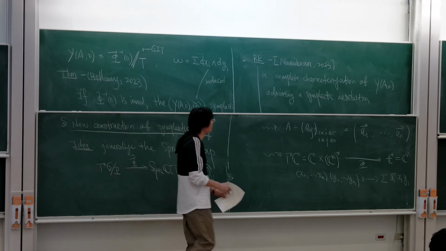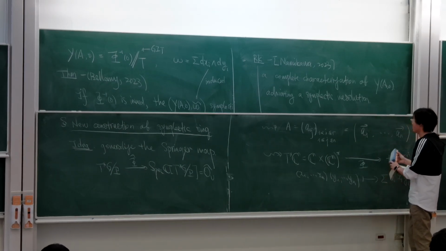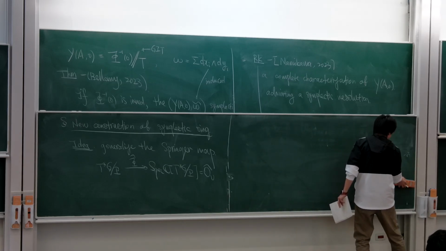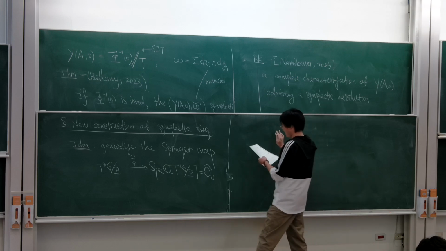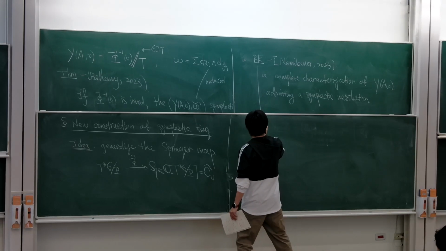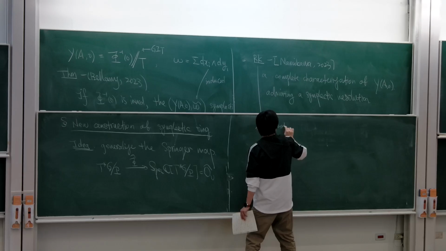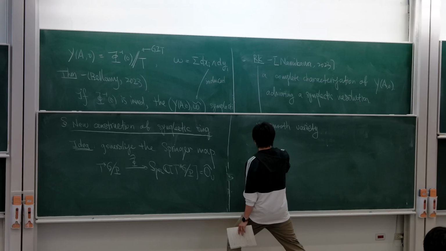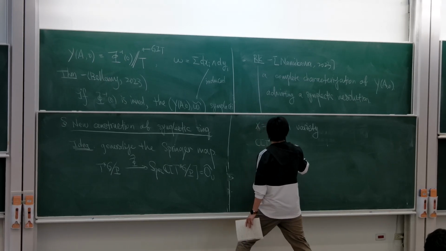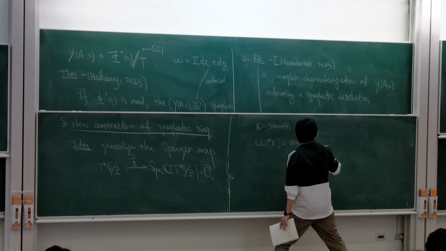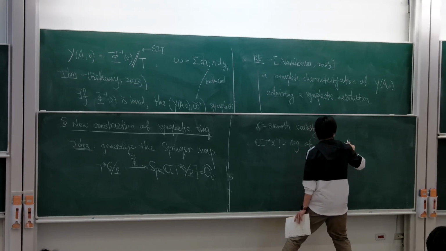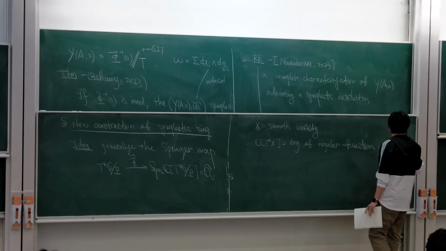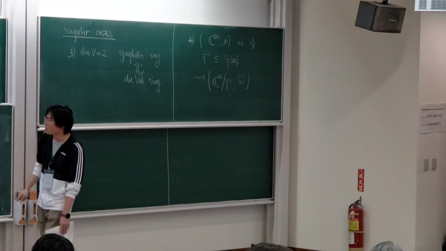So we want to generalize this construction directly. We just consider this map for any X. You look at X to be any smooth variety. You just look at the ring of regular functions over the cotangent bundle of X. And you have some other interpretation of this ring.